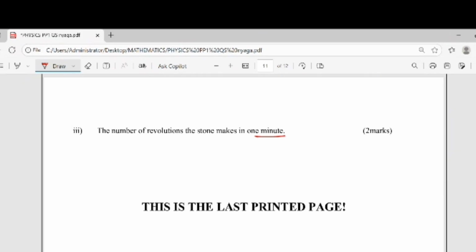Then you multiply by the number of seconds in 1 minute.